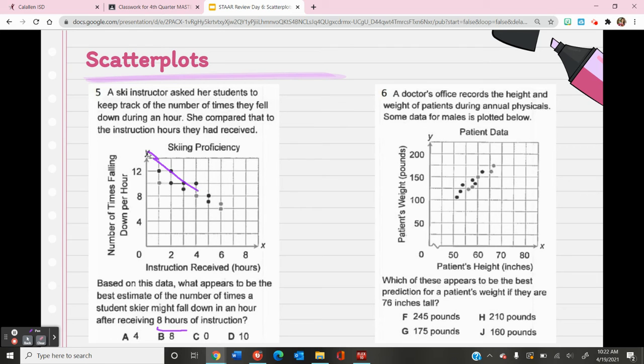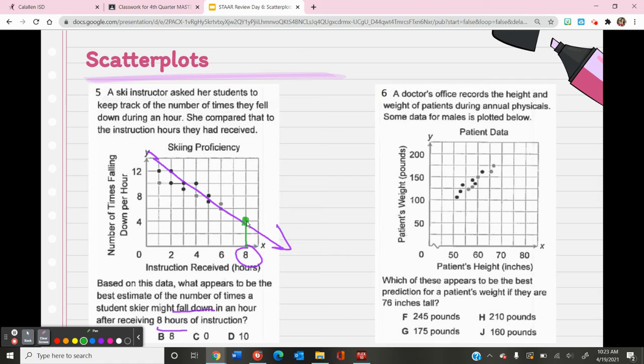So again, our trend line should just go through the majority of our points, and it goes through about right there. So now I'm trying to find how many times a skier might have fallen down after receiving 8 hours of instruction. So here I have 8 hours, so I'm going to see where that hits on my trend line. So going up, it hits my trend line at about right here.